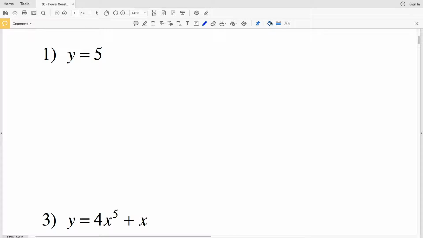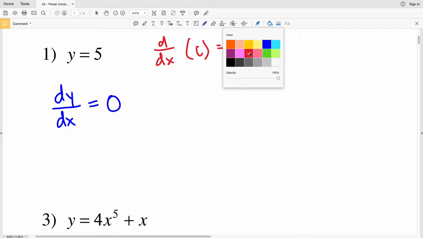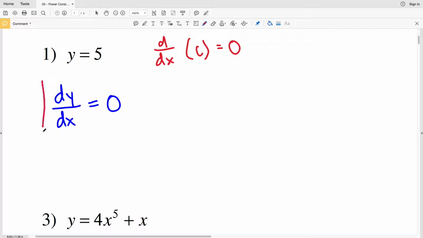Remember, for the constant rule, we said that the derivative with respect to x of a constant c is equal to 0. In this case, our constant c is 5, and we're taking the derivative of y. So we'll have dy dx, the derivative of y with respect to x, is equal to 0, because 5 is a constant.